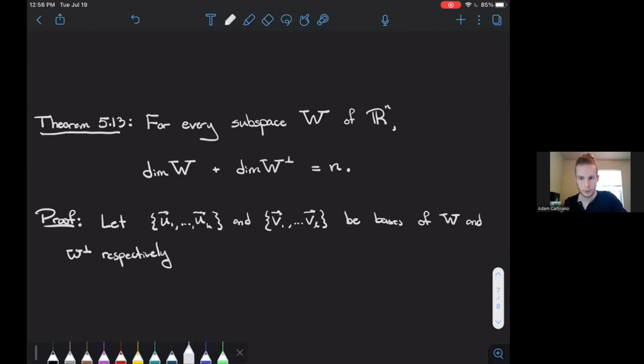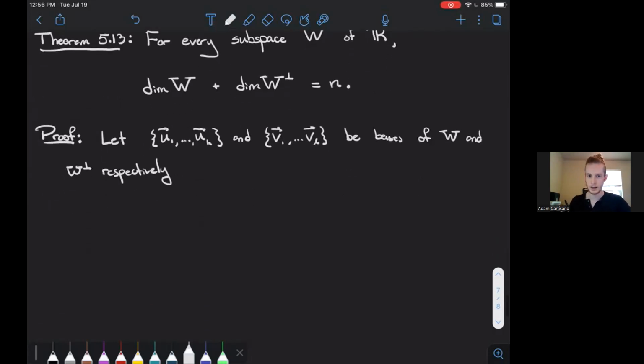In other words, U1 up through UK is a basis for W. V1 up through VL is a basis for W perp. I have no idea what K and L are, but obviously this means that the dimension of W is equal to K, and the dimension of W perp is equal to L. Once again, I don't know what K and L are.